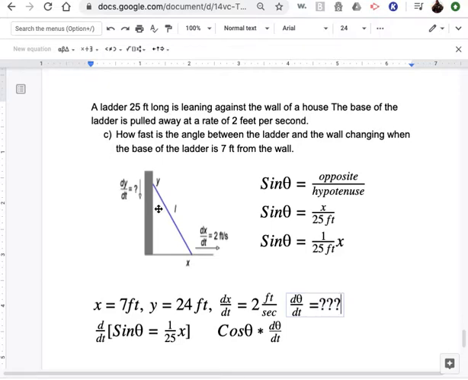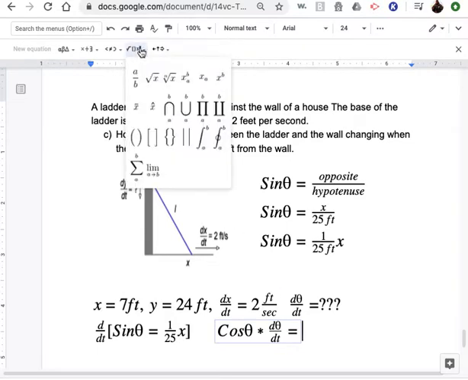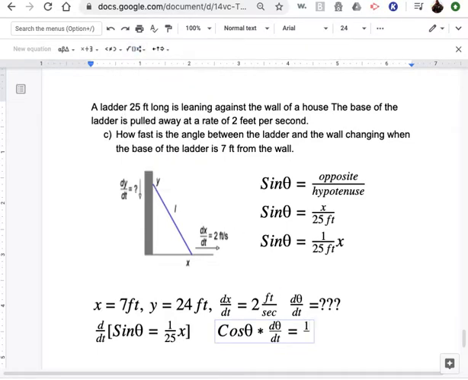So in our derivative, we get cosine theta times d theta/dt, and that's equal to 1 over 25, because that's our constant coefficient, times the derivative of x with respect to time, which is just dx/dt.